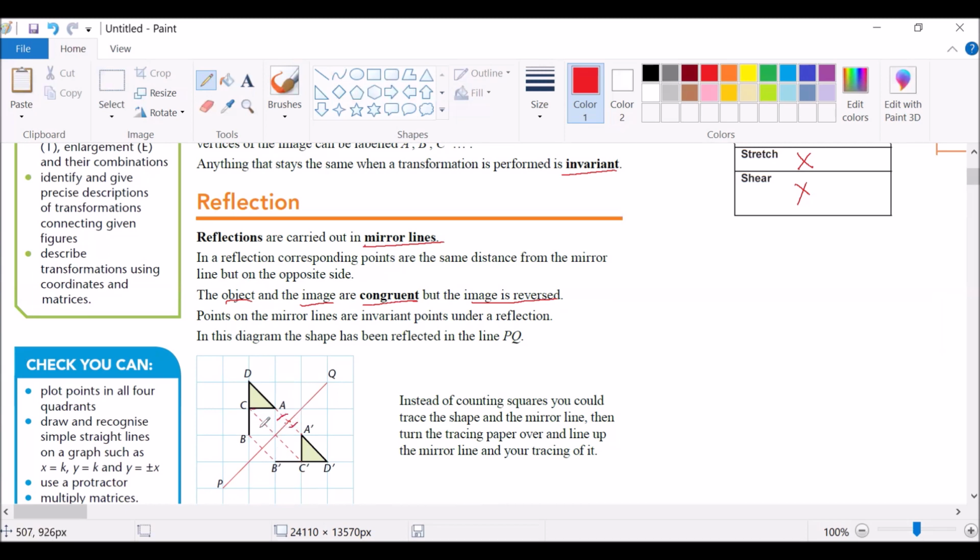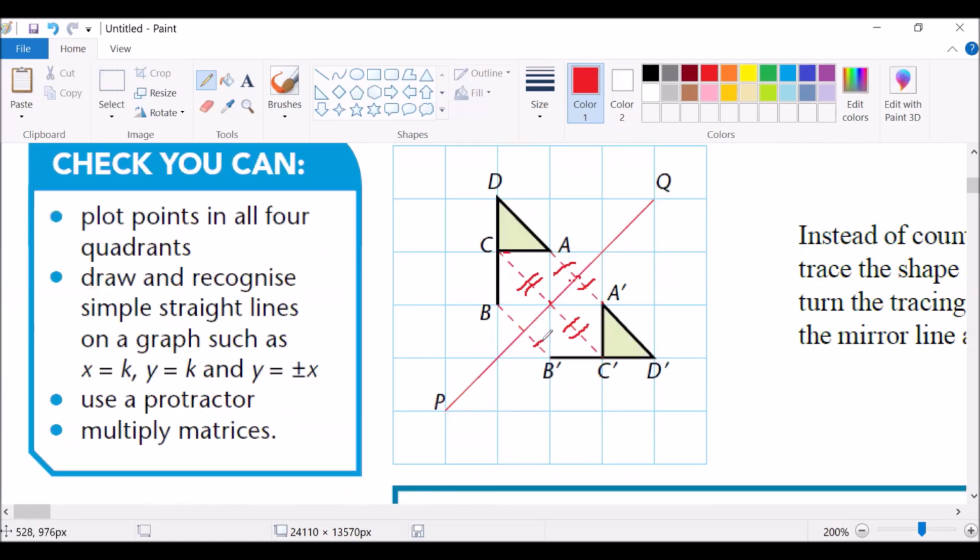Also, this distance here is the same as that distance, and this distance here is the same as that distance. And if we draw a line from D to D bar, we'll see that the distance from the mirror line to D bar is the same as the distance from the mirror line to D.